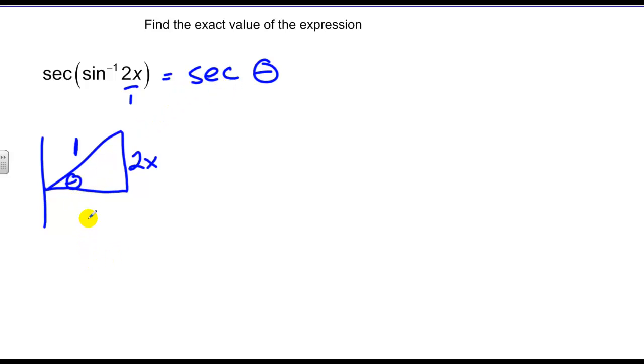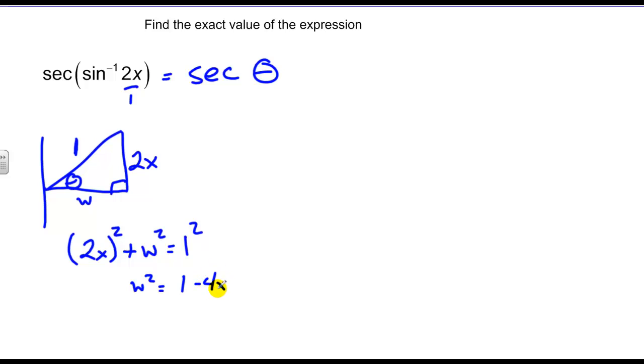So what I have is a right triangle, (2x) squared, and I'm going to call this w if you will, plus w squared is equal to 1 squared. Therefore I have w squared equals 1 minus 4x squared, and w is equal to the square root of 1 minus 4x squared.